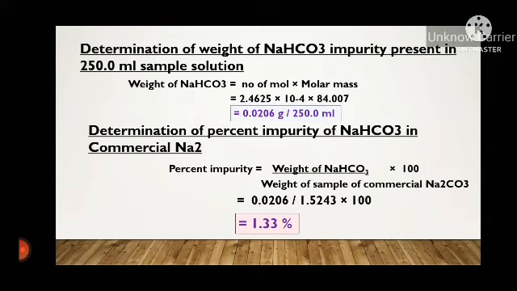For the percent impurity, apply the formula: weight of sodium bicarbonate divided by weight of sample of commercial sodium carbonate, multiplied by 100, we obtain 1.33% of sodium bicarbonate.